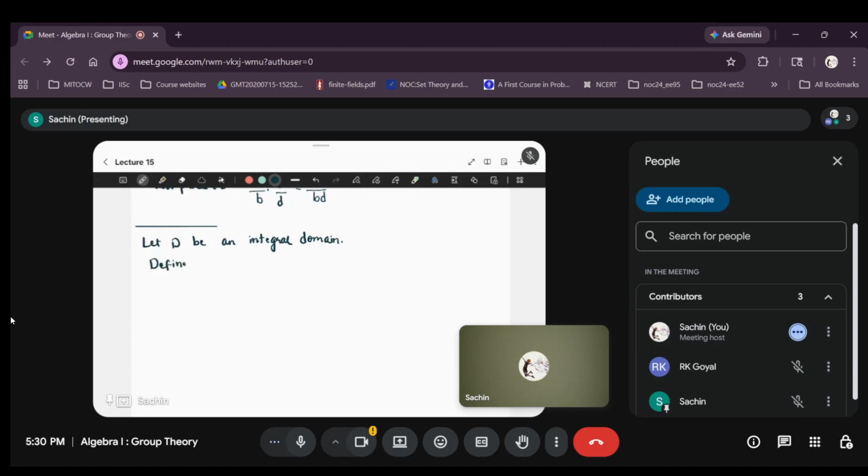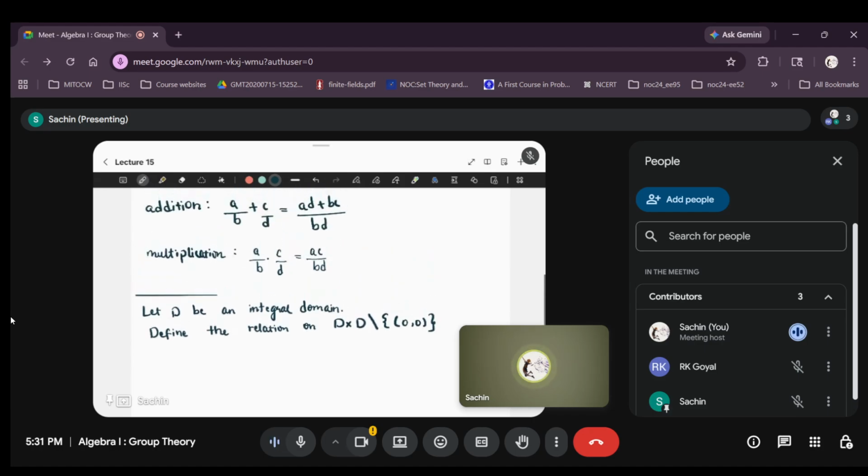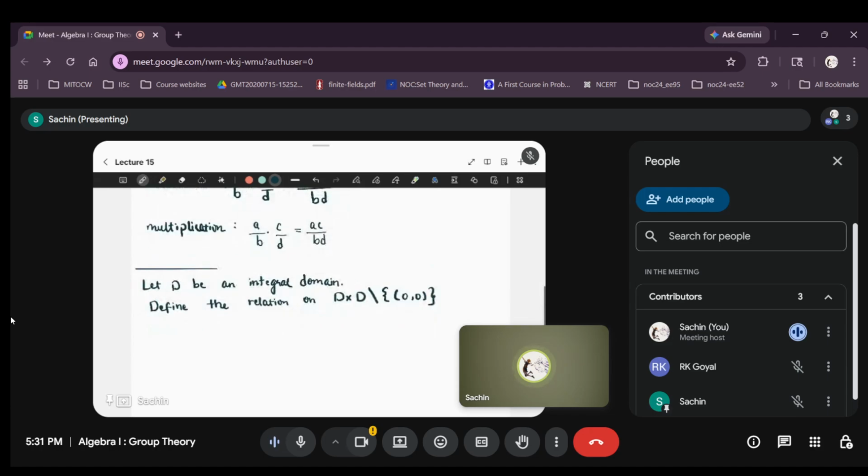Define the relation on D cross D. You know what D cross D is, right? The Cartesian product. A set of all ordered pairs in which first element and second element both are from D, except the element 0, comma 0. So we don't want a 0 by 0 form. That's why we are excluding elements of the form 0, comma 0.